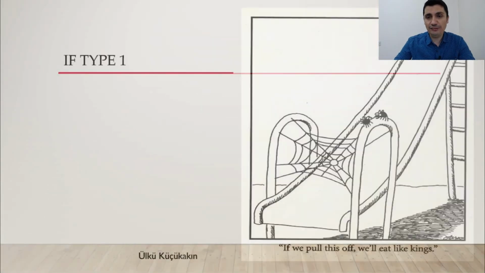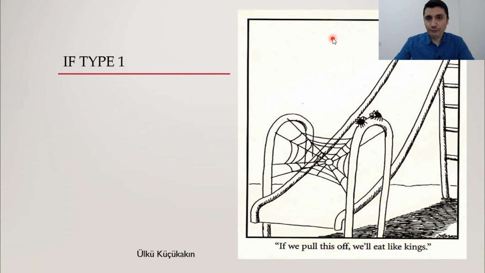I have one more example. This is from a very famous cartoonist actually, but I cannot remember his name. A spider is talking to another spider, and they have a net right here.